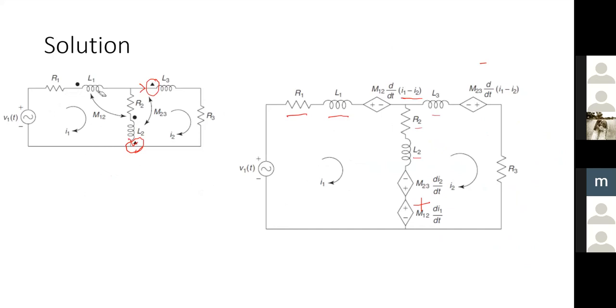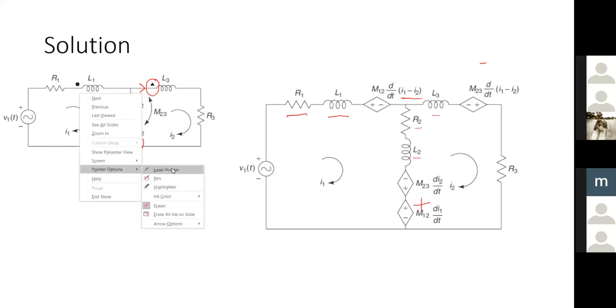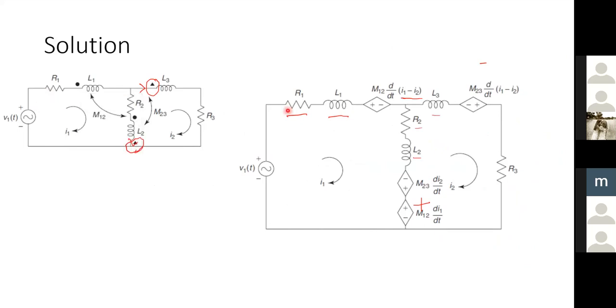L1, L2 starting point, dot mark is there. So first let us talk about only this loop. I1 R1 minus L1 di by dt plus M12 d(I1 minus I2) by dt plus I R2 plus L di1 by dt minus M23 di2 by dt plus M12 di1 by dt.